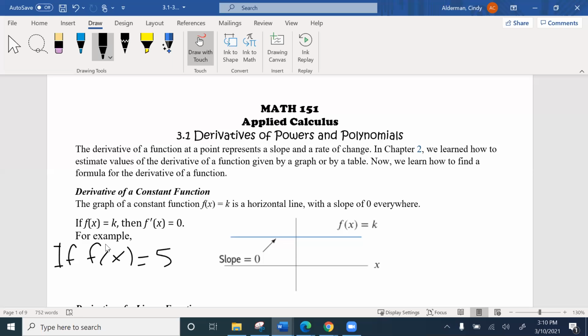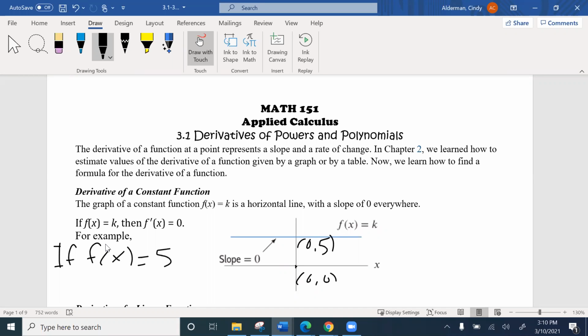And it's a horizontal line right here at 0, 5. So if this is the origin right here, then a constant function is a horizontal line going through 5, right?